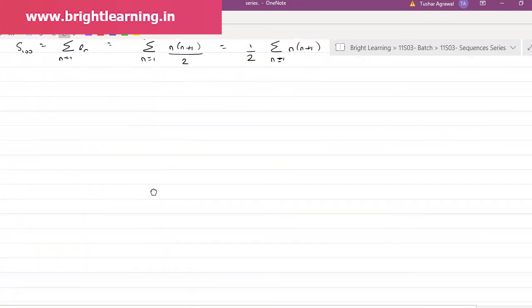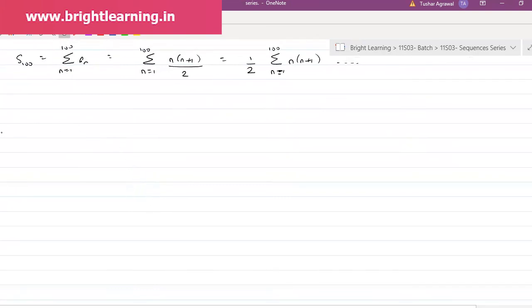Okay. Next. Question number 6. Evaluate 1 square plus 1 square plus 2 square plus 1 square plus 2 square plus 3 square plus and so on.